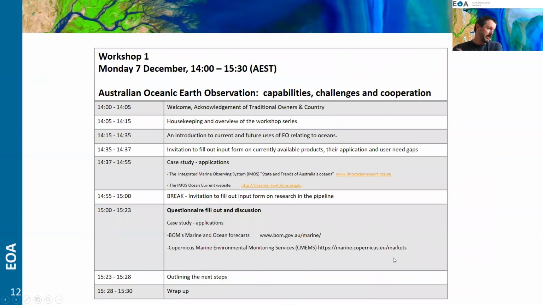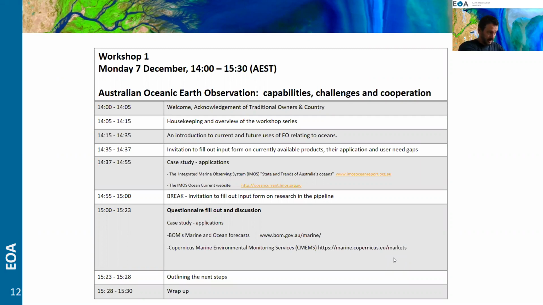So just briefly, workshop 1 on Monday was really what's going on in the area, and David gave us an outline of the 4 main application areas, which we extended to 5, adding in sea ice and also algal blooms as another component, and then also showed some examples of applications or services that use information derived from Earth observation.